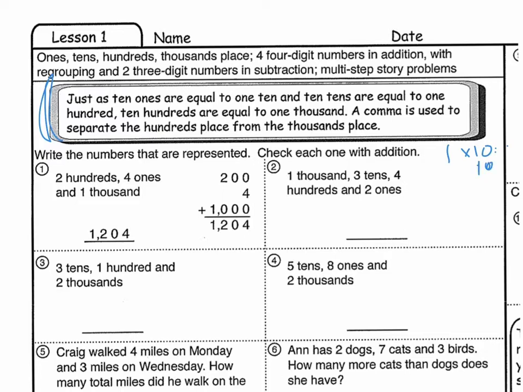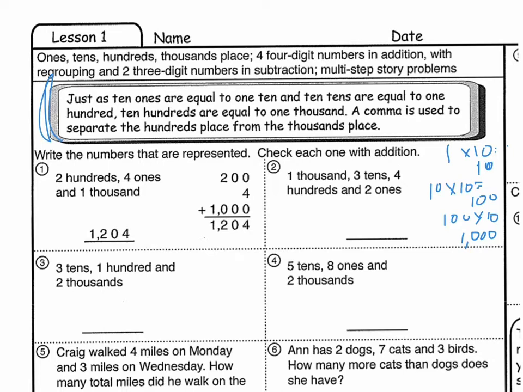I'll write that over there. Okay. If we take the number 10, 10 times, we have the number 100, obviously. And if we take the number 100, 10 times, we have the number 1,000. We put a comma in there once we hit the thousands place.